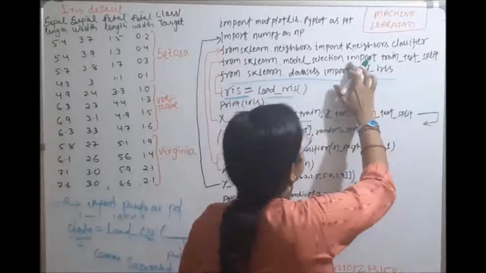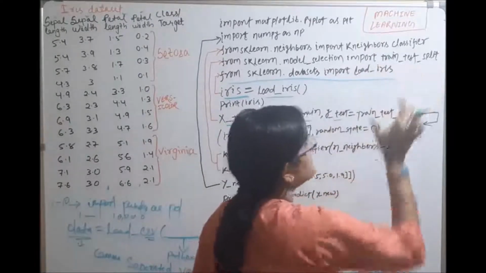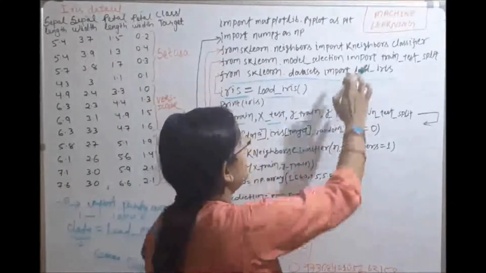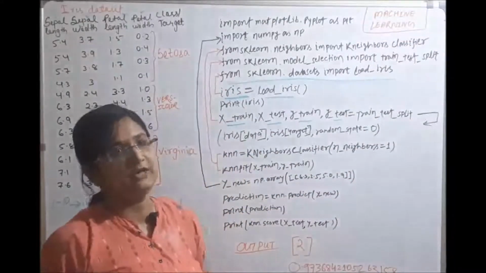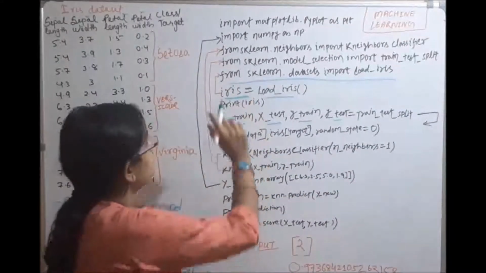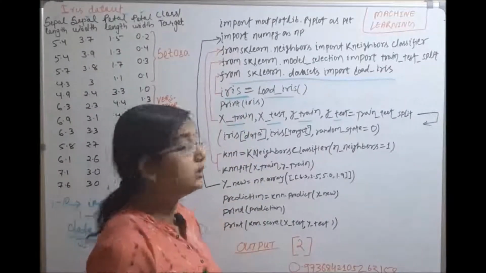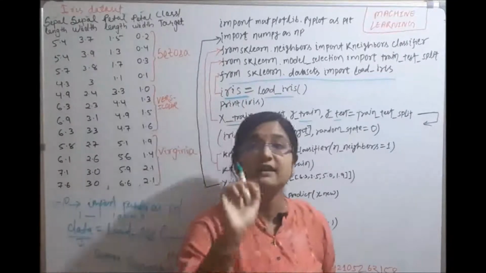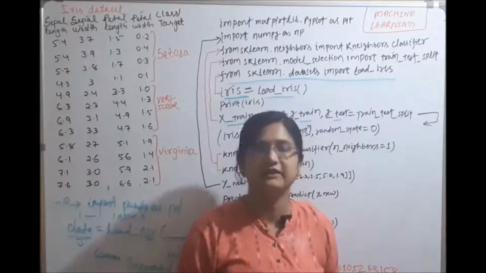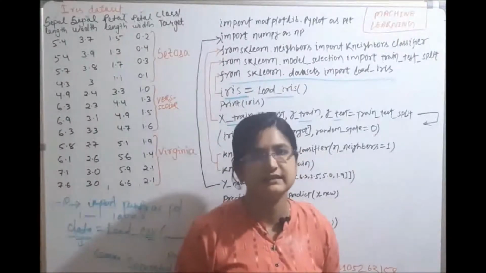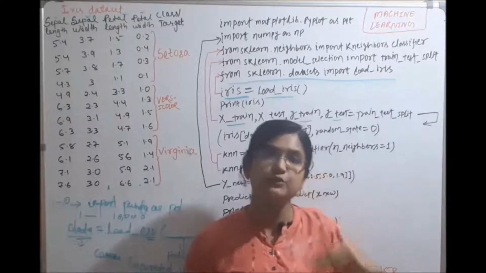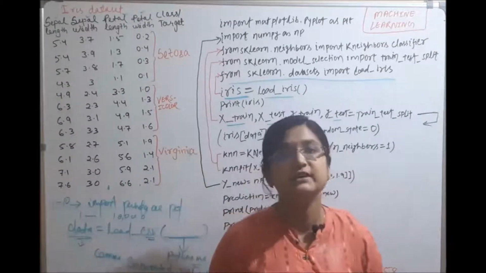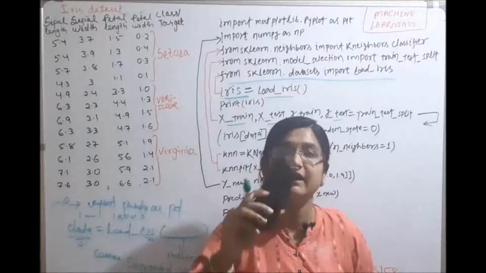Inside model selection the function train_test_split is present, so I have to import this train_test_split function. This is the syntax: from sklearn.model_selection import train_test_split. In the coding you are writing, for each library function you have to import its library.